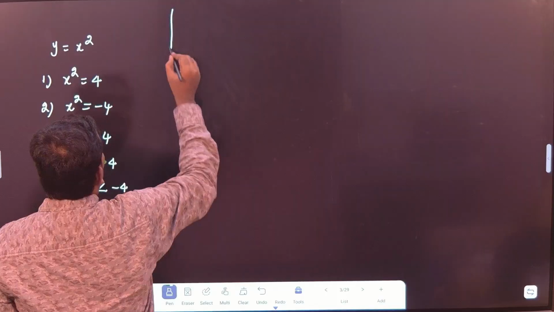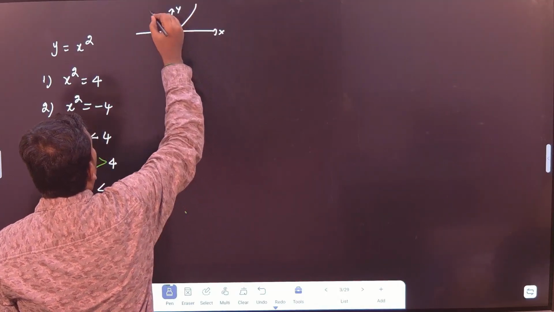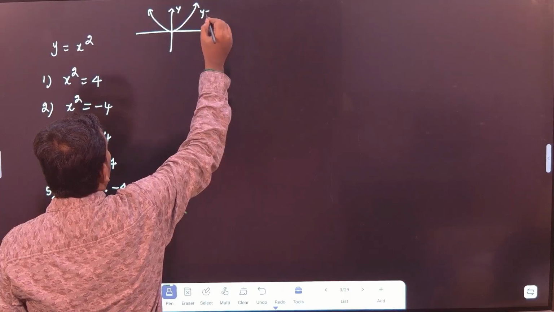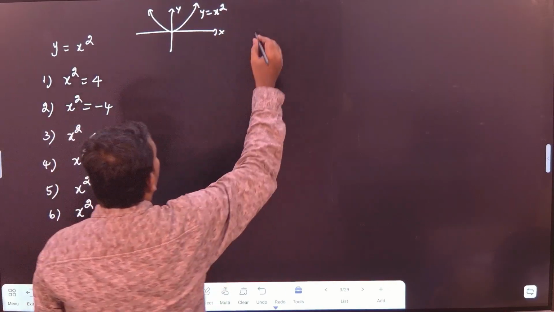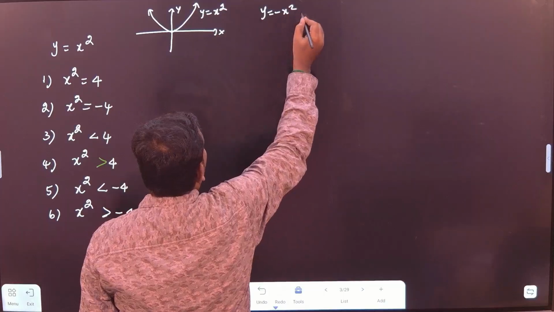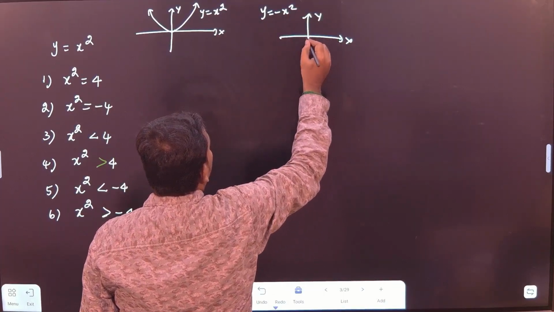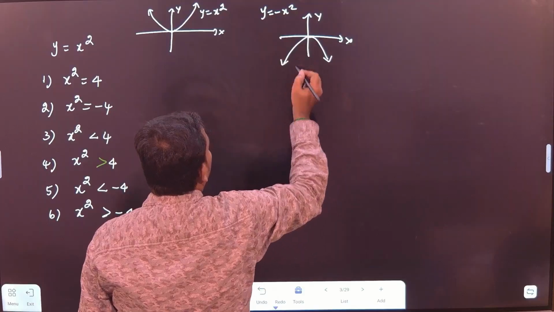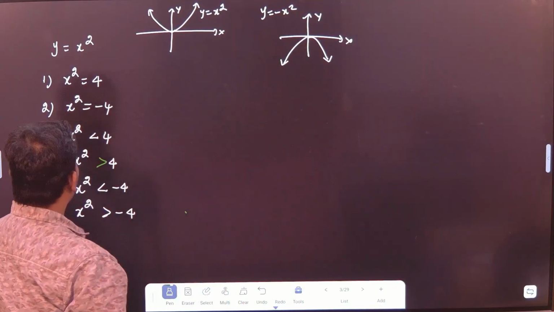You can see this is your graph. This is your x-axis, this is the y-axis, this is your parabola. This is an upward parabola. y is equal to minus x square means the downward parabola. This is the x-axis and the y-axis, it will be like this. Okay, y is equal to minus x square.